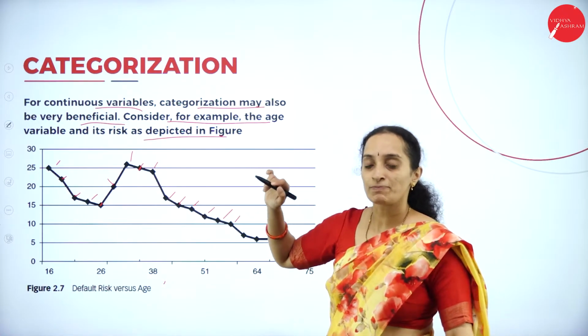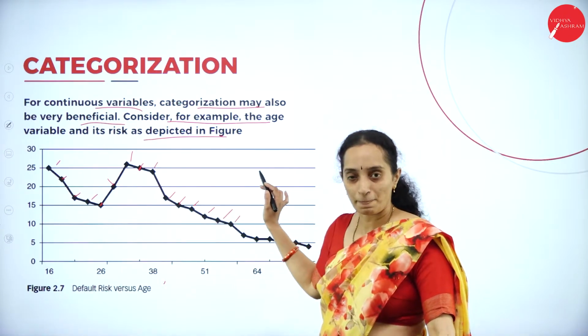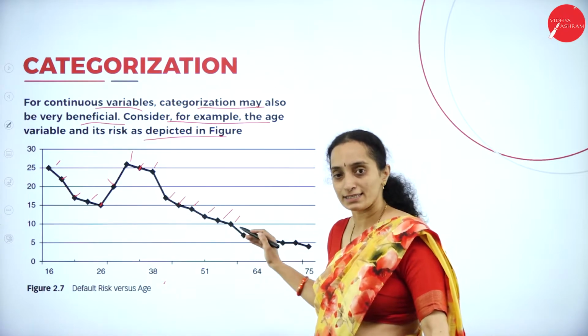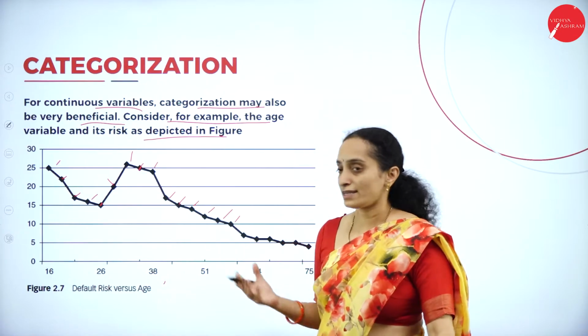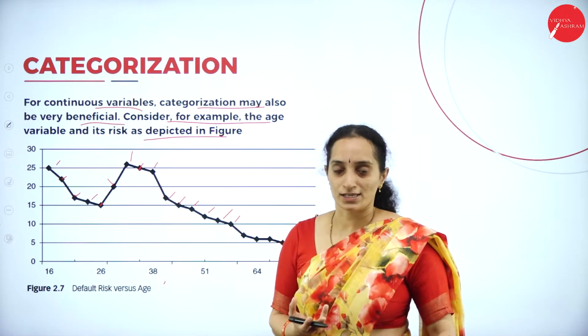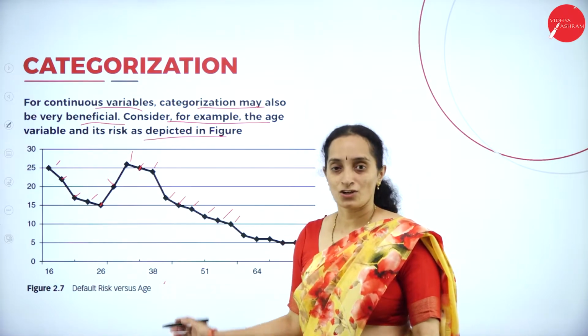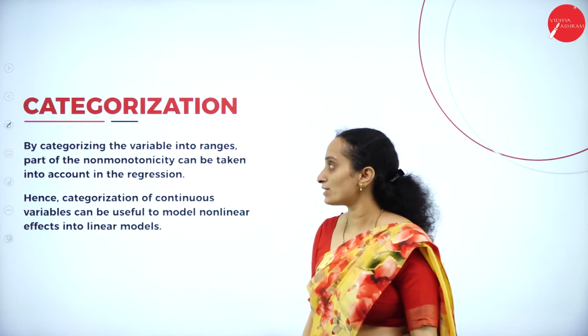Regression models are useful only when you have straight lines on the graph. When you have straight lines either in a decreasing manner or increasing manner, you can easily categorize the data using the regression model. But it is not possible to apply the regression model with non-monotonous values.